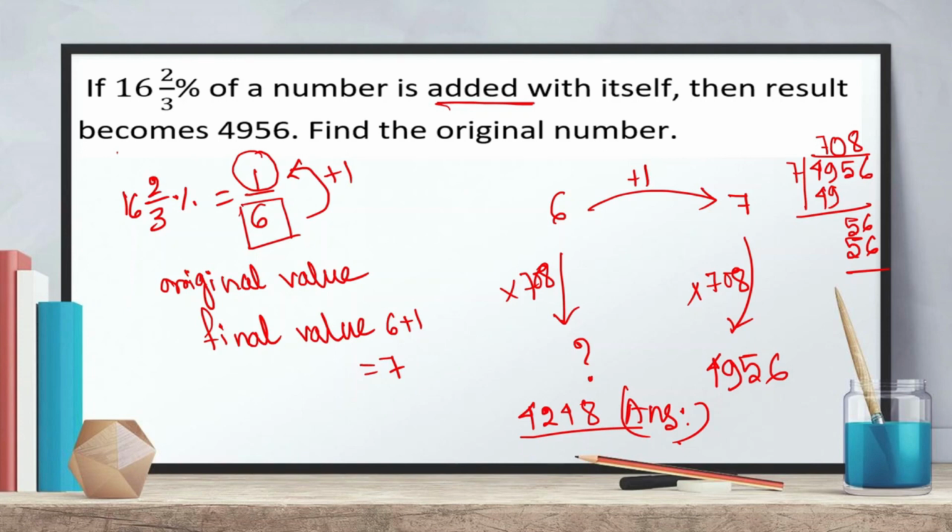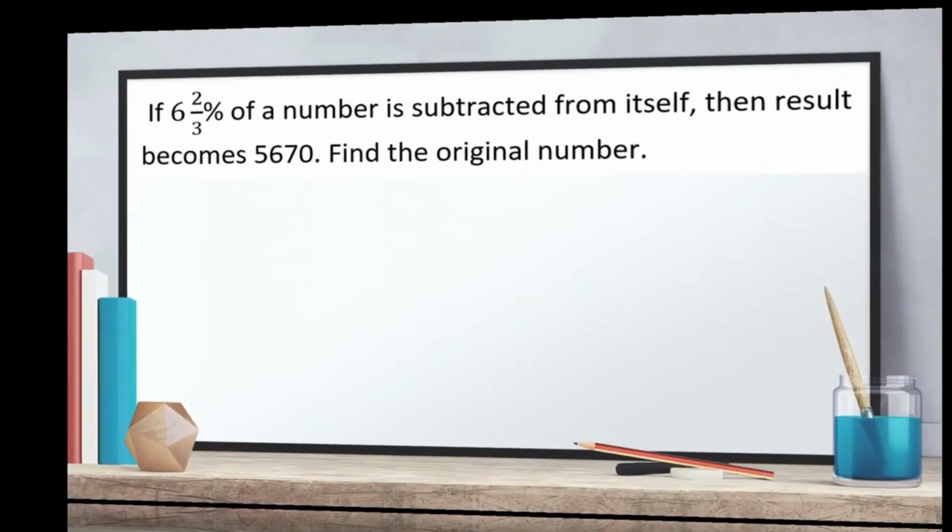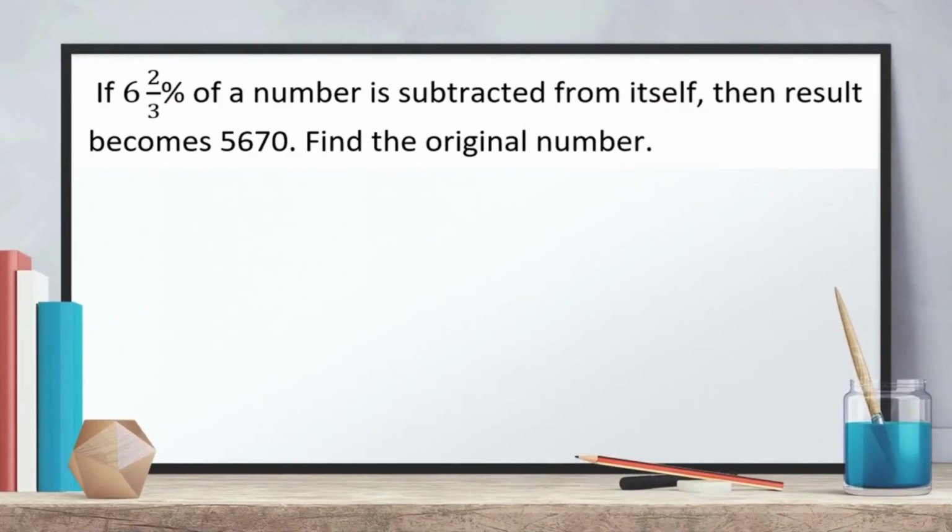Okay. Let's see another example. If 6 whole 2 by 3% of a number is subtracted from itself, then result becomes 5670. Find the original number. So here the percentage is 6 whole 2 by 3%, and we can see that the number is subtracted.